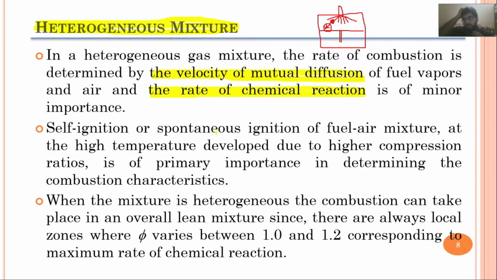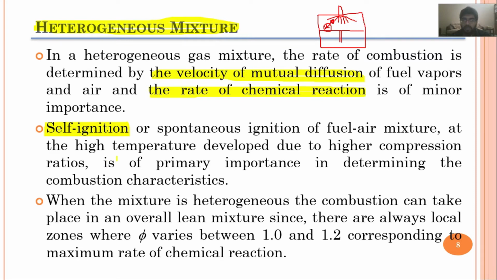Self-ignition or spontaneous ignition of the fuel-air mixture at higher temperatures, developed due to higher compression ratios, is of primary importance in determining the combustion characteristics. So self-ignition, as we have been studying since chapter number 1, is that in CI engines only air is compressed and then fuel is injected, and that fuel will self-ignite in the hot environment of the compressed air.